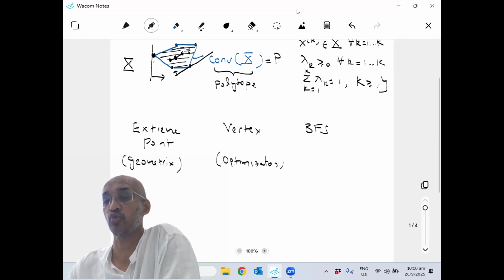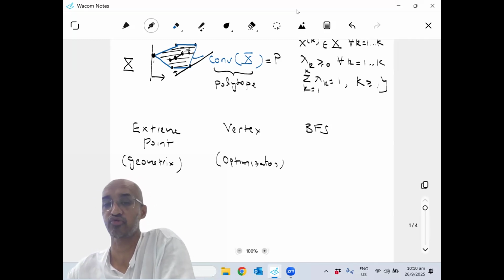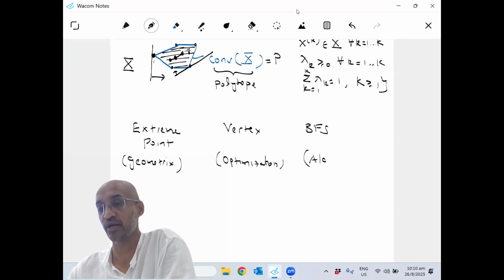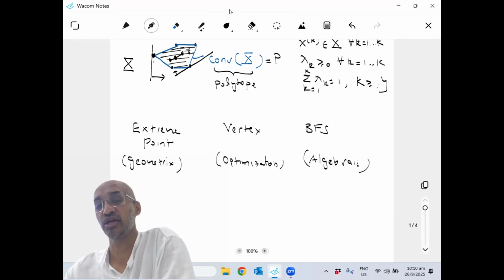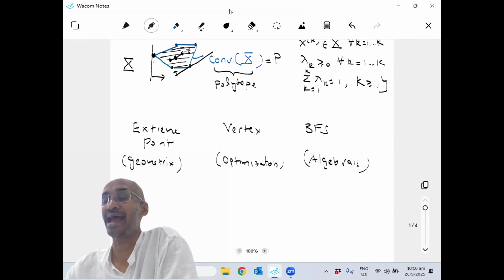And then the last definition was this definition of basic feasible solutions, which was an algebraic definition, which simply says that if you take a point which is in the feasible region, at this point, there should be n constraints which are linearly independent and active at that point. So if you take this point, firstly, this point is clearly feasible.